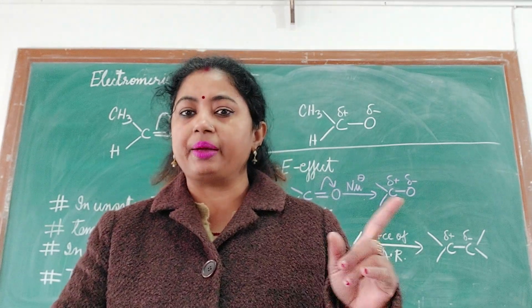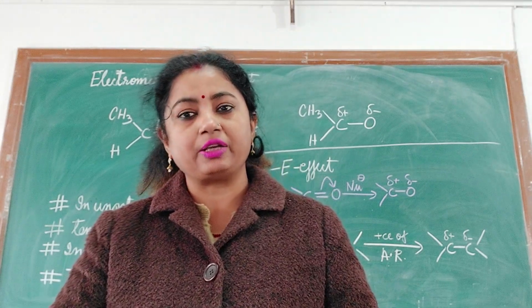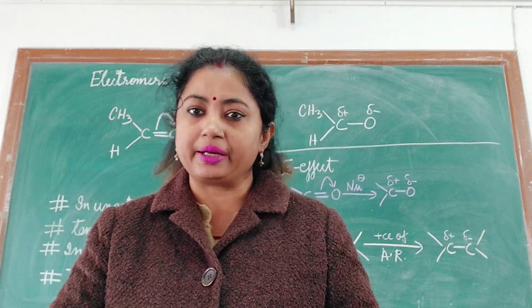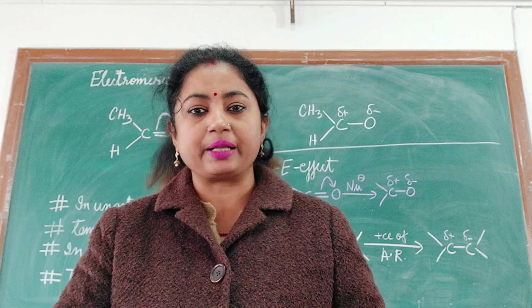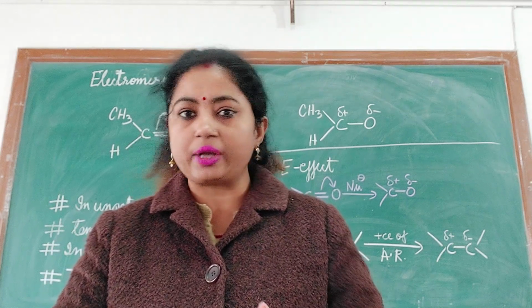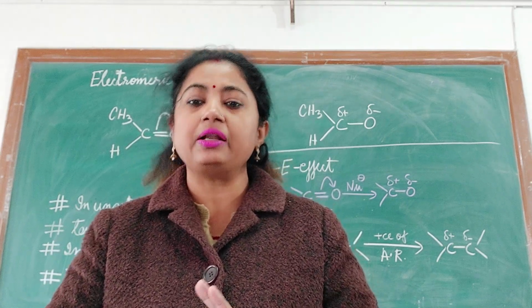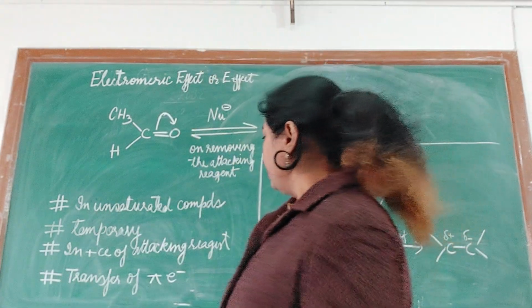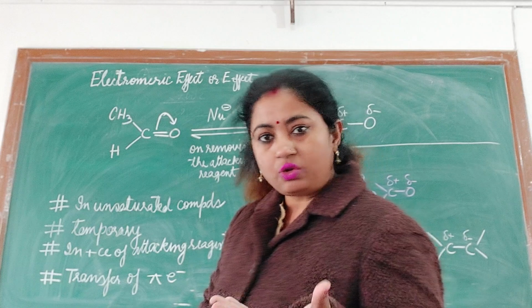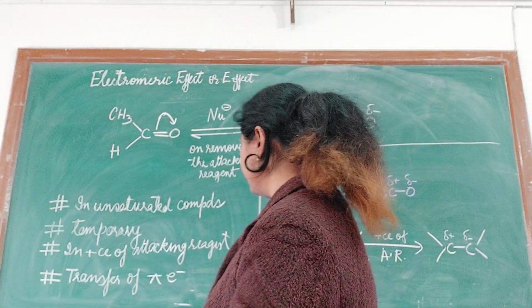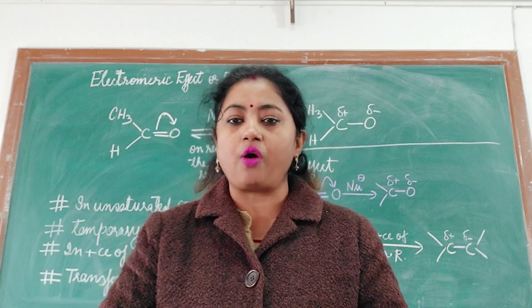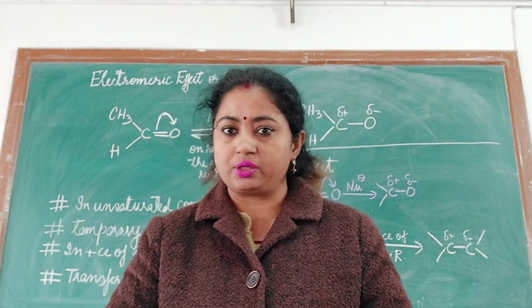If you remember, the inductive effect was a permanent effect, and the electromeric effect is a temporary effect. It only occurs in the presence of the attacking reagent. As soon as you remove the attacking reagent, the effect will go off. So it is a temporary effect, and in this effect we can see the transfer of pi electrons.